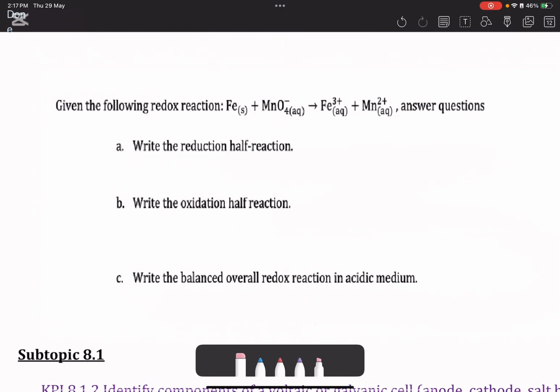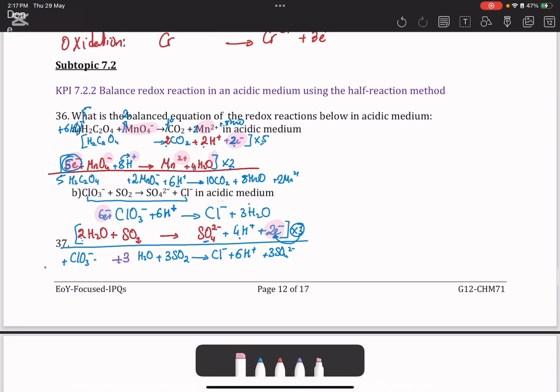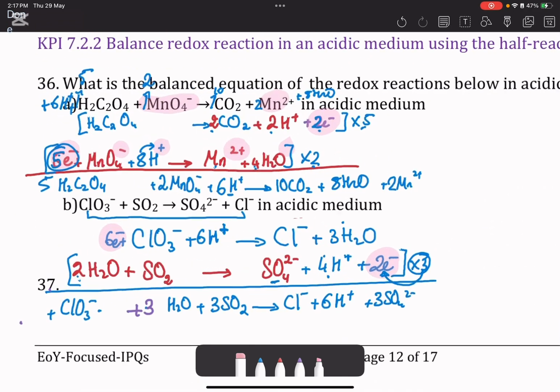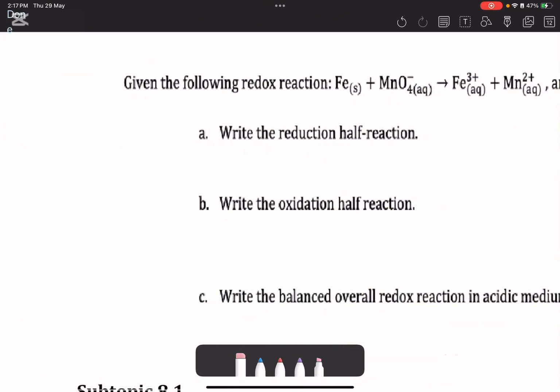Here's another example for the MnO4 minus giving Mn2 plus. I already did it over here, so I'm gonna write it again, and I will explain the oxidation of the other one.